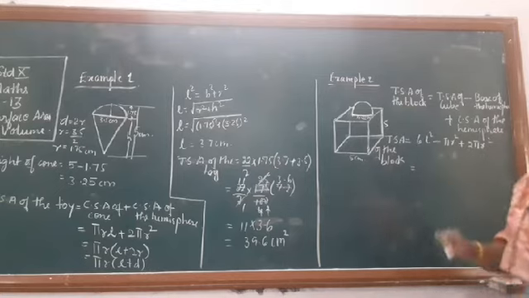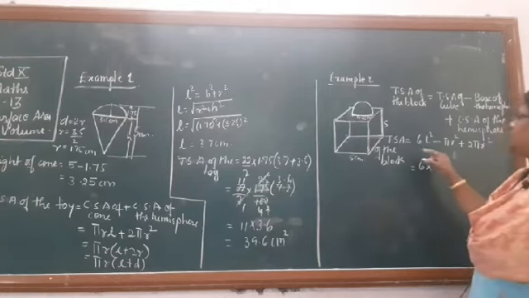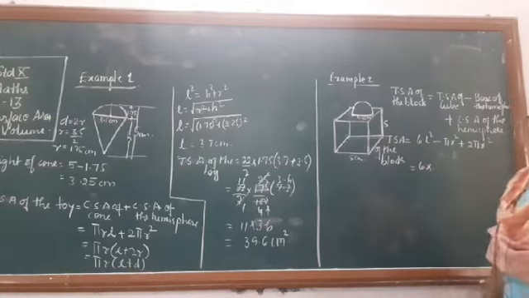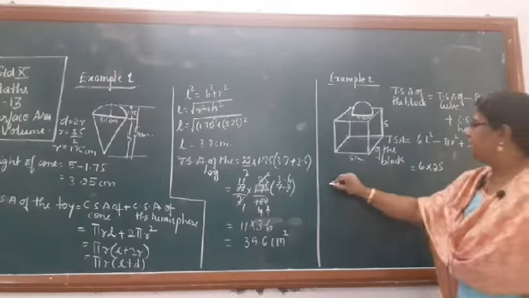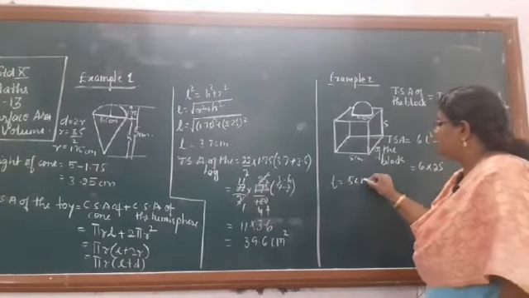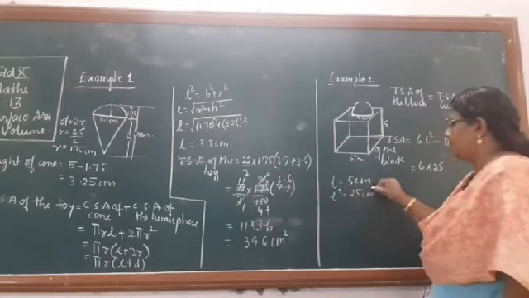So that will be equal to 6 into 5 into 5 25 हो जाएगा, ठीक है, isn't it? L हमारा 5 है, see L is equal to 5 centimeter. Therefore, L square will be equal to 25 centimeter square.